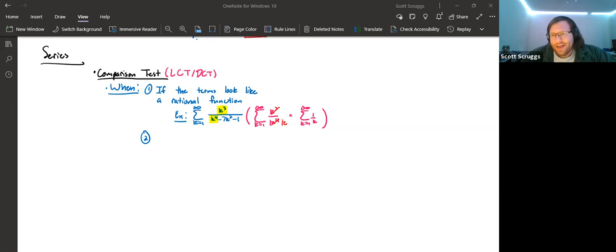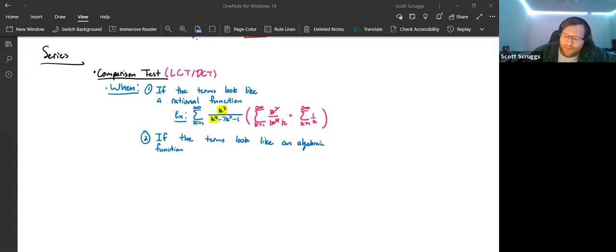The second scenario that tells me I might want to use a comparison test for the series is if the terms look like an algebraic function. What I mean by an algebraic function is it's very close to your rational function, but it could have something extra there, like taking a square root or a cube root.